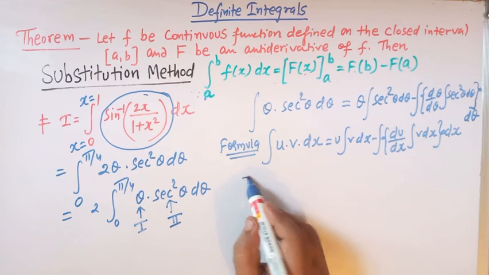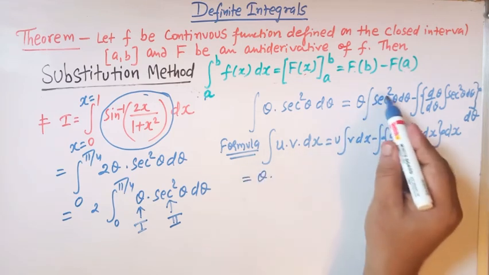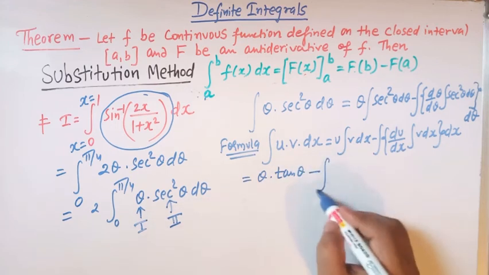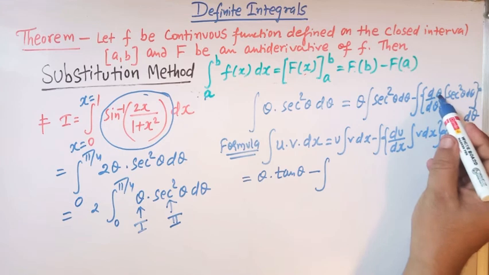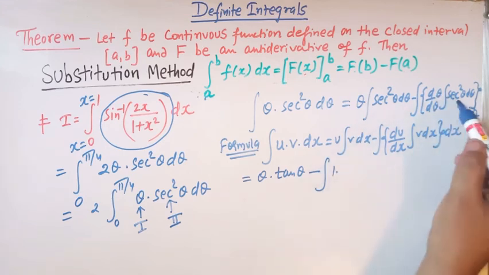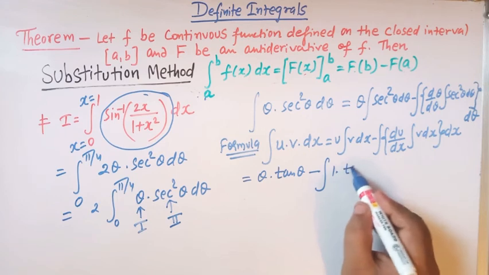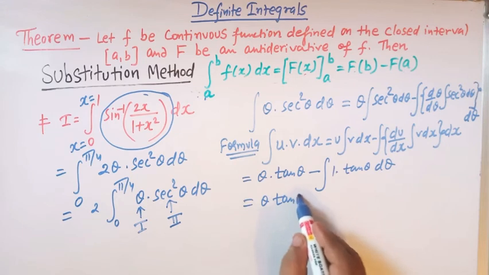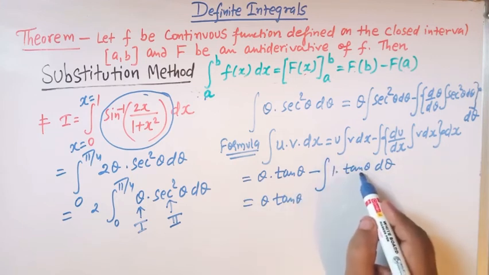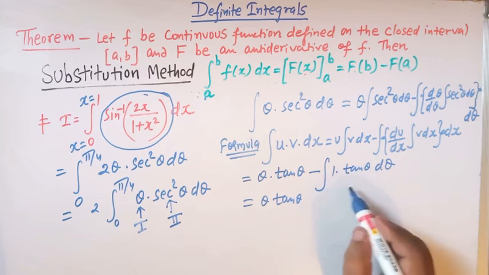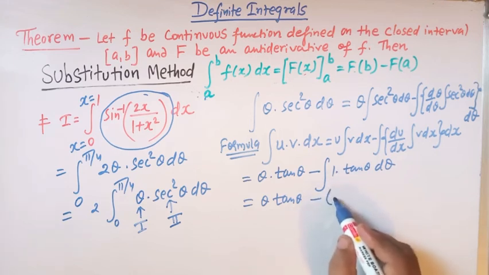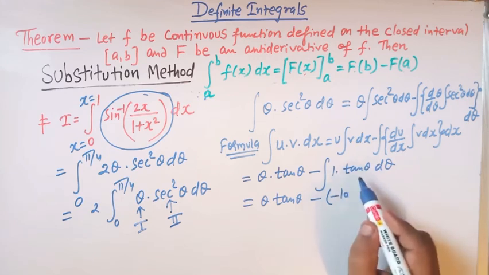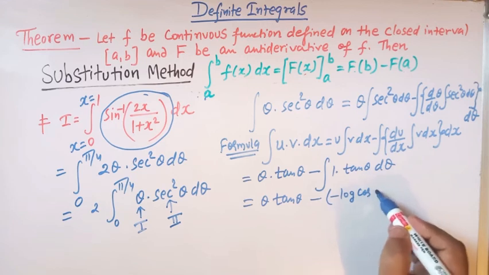so here we have theta, then the integral of sec square theta is tan theta, then we have minus the integral, where the derivative of theta with respect to theta is 1, and the integral of sec square theta is tan theta, right? Now we have theta tan theta, and then the integral of tan theta, we know that it is minus log of cos theta, so minus of minus log of cos theta is plus log of cos theta, right?